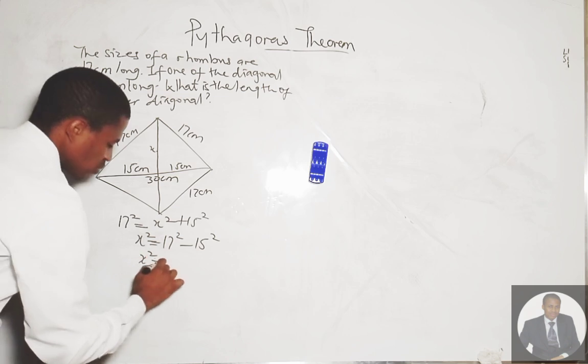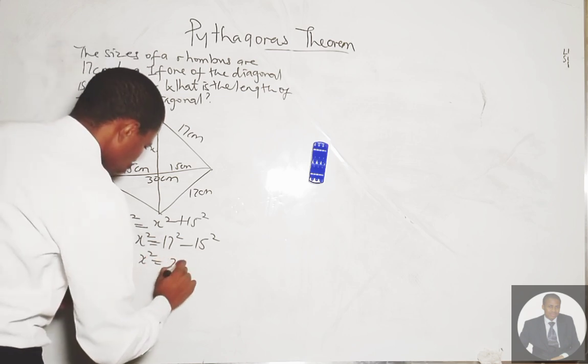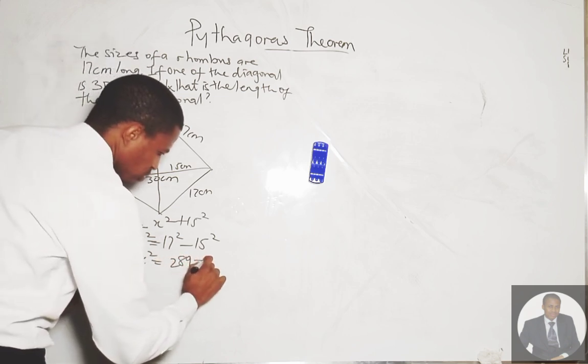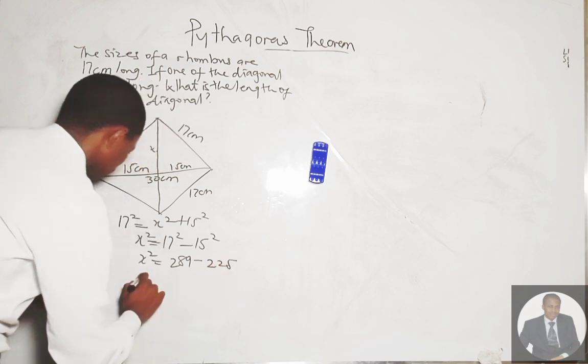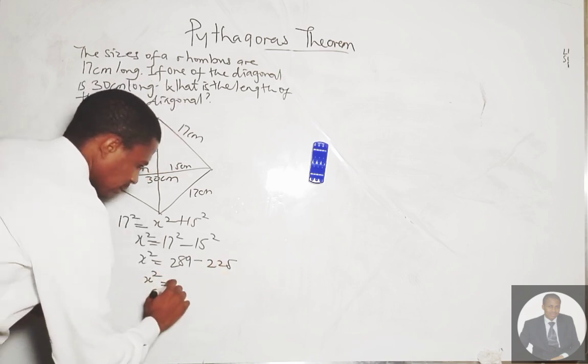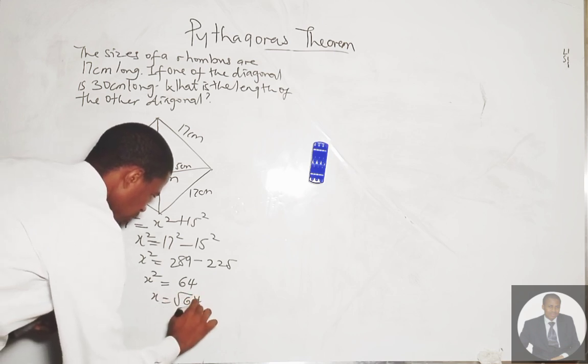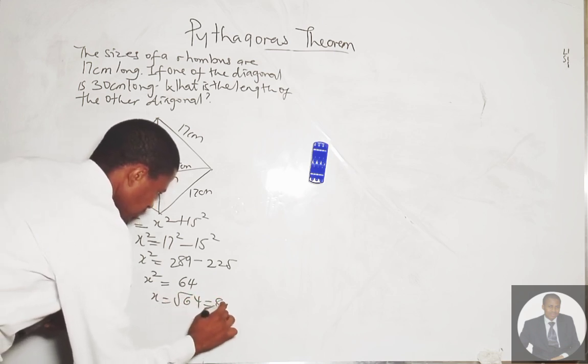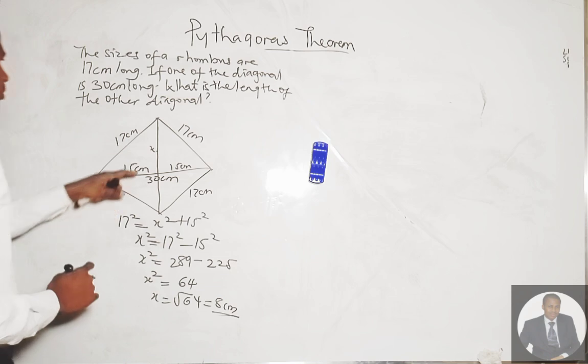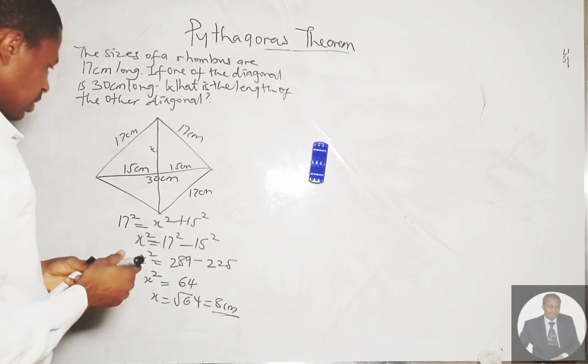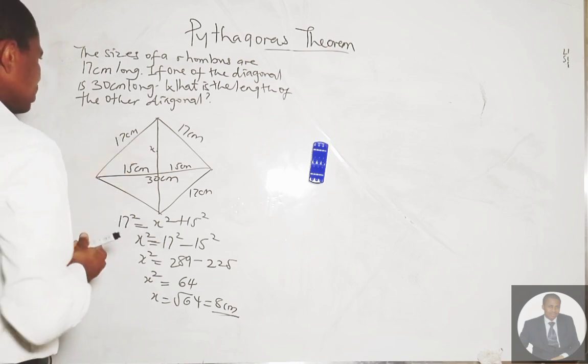So x squared equals what? 17 squared, that's 289 minus 225. So x squared will give us 64. x will be square root of 64. That will give us 8 centimeter.